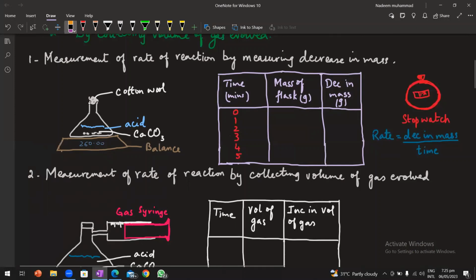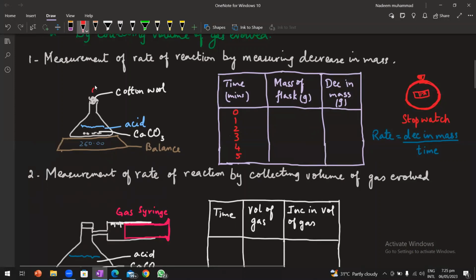The flask is fitted with cotton wool, because as we have seen, in this reaction, when acid and calcium carbonate react together, they will produce carbon dioxide gas.